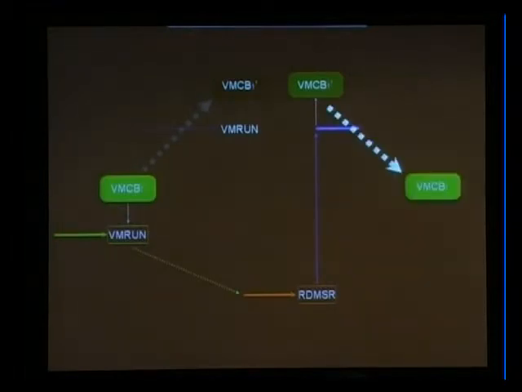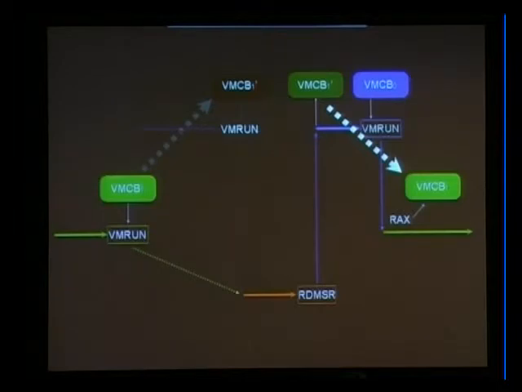So we have to somehow inform the nested hypervisor that an event has happened in its guest. And to do that, we have to continue the execution of the nested hypervisor, the VMCB1, VMCB0, with the information about this event that happened in its guest. To do that, we emulate the CPU behavior, which is supposed to continue the execution of the hypervisor right after the VMRun instruction.